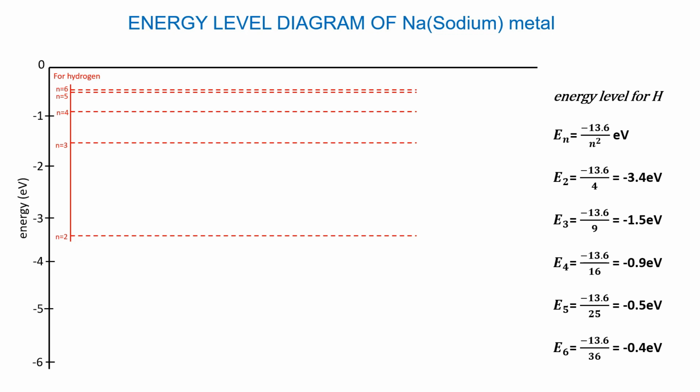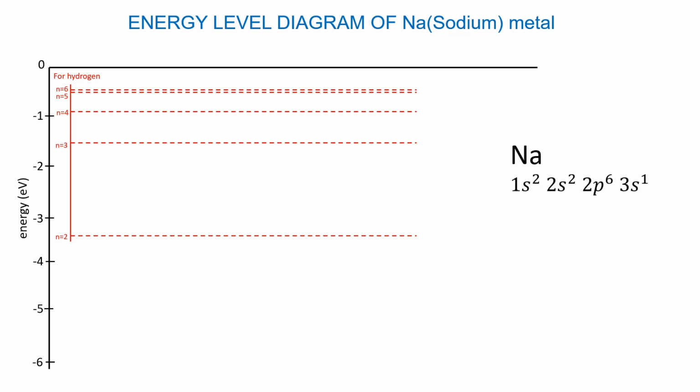After completing the energy levels for hydrogen, we will see the orbitals of sodium. As you can see from this, the transition occurs mainly from the 3s orbital, therefore we start by making the 3s orbital and then its higher state orbitals.